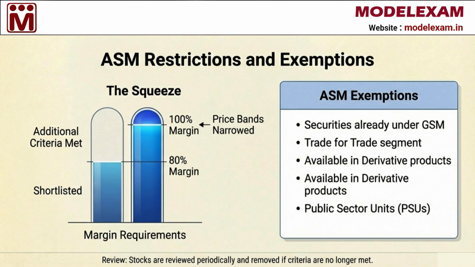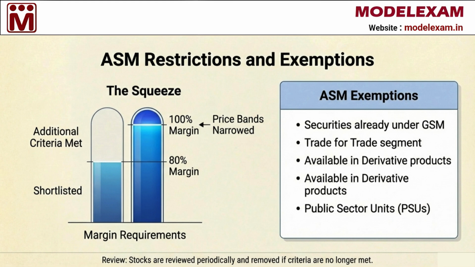Once a stock is caught in the ASM net, the regulators apply what we call the squeeze. The primary tool here is increasing the margin requirements. As you can see on the chart, if the criteria are met, the margin needed to trade that stock can jump to 80% or even 100%.